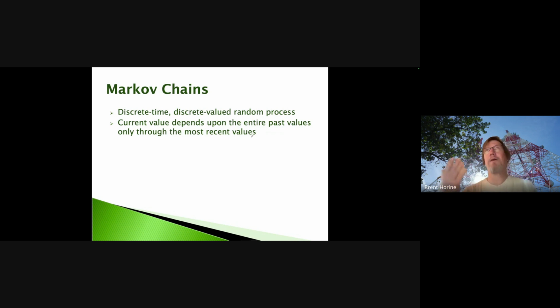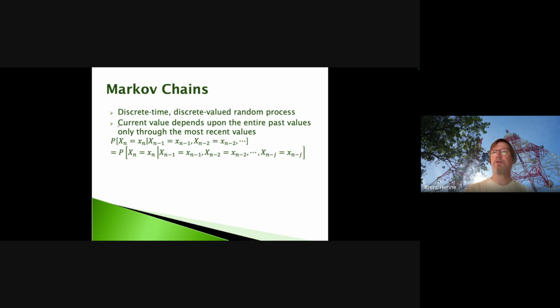Now, this is always something that I kind of struggle to master in my brain every time I come back to Markov chains. So what we're meaning here is that, yes, this is going to be a dynamical process that updates at each discrete time step.